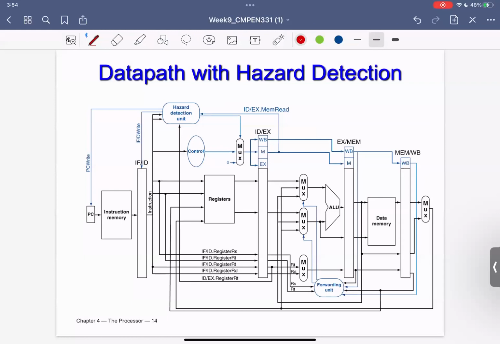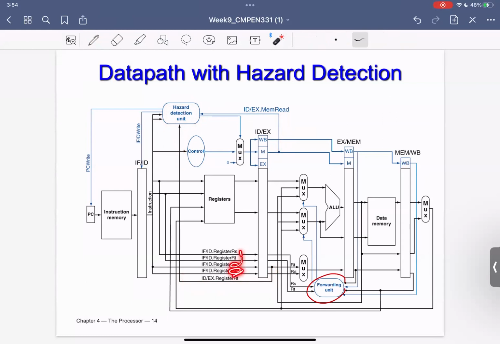So in this situation, in addition to the forwarding here, you can also have a hazard detection unit that will take the memory read in the ID/EX, and it would also take whatever I have from the ID/EX register in this particular case.